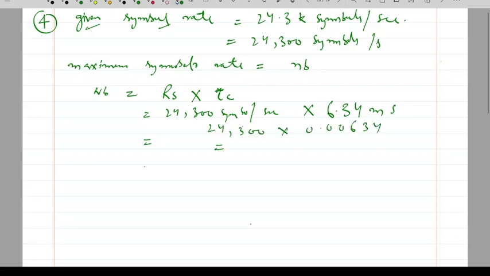When we multiply this, the total maximum number of symbols will be equal to 154 symbols. So the transmission of the data with the maximum of 154 symbols to the receiver before the updation of the weights in the equalizer. So 154 symbols is the maximum number of symbols transmitted.